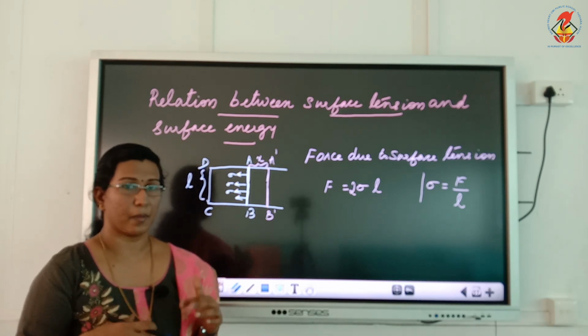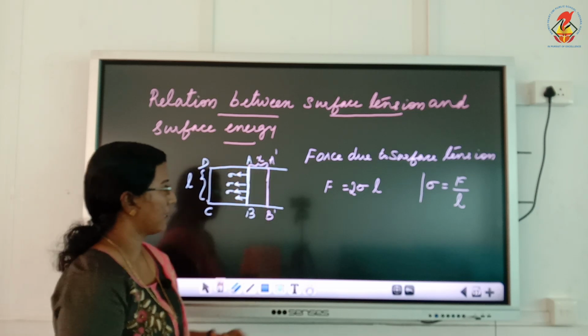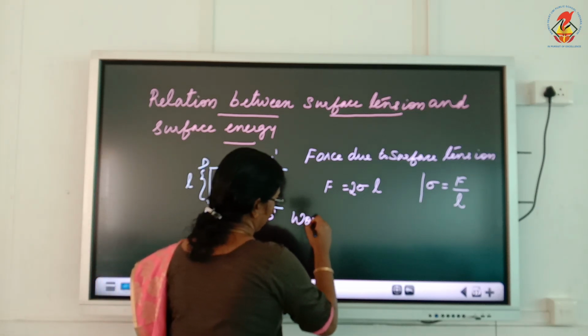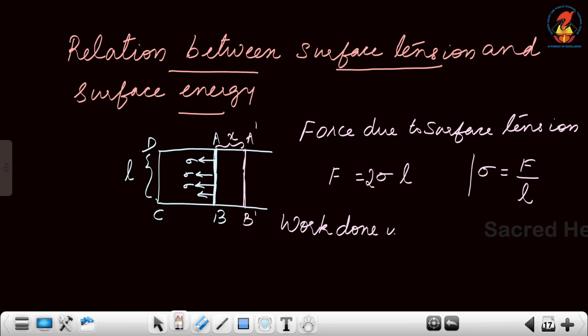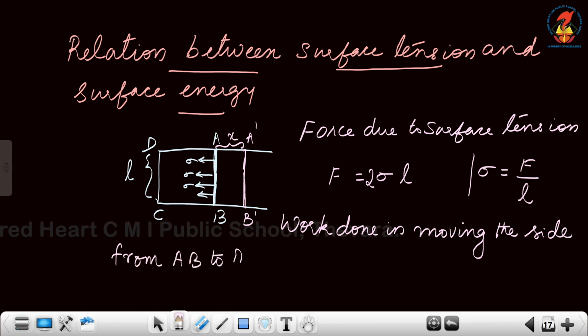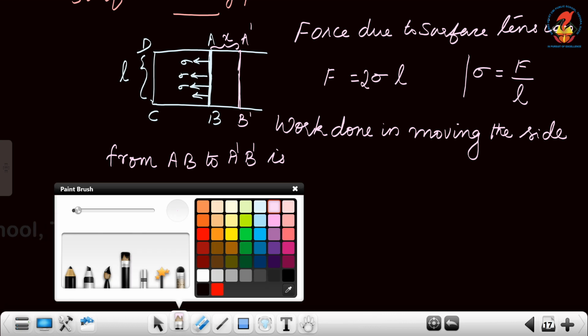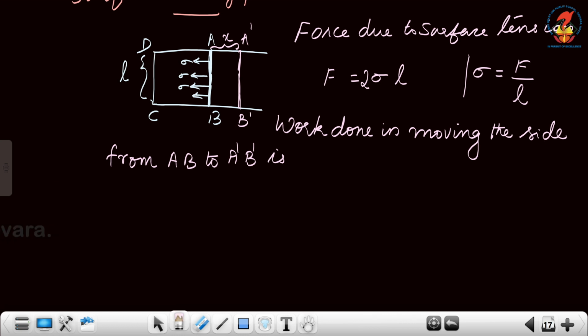Next, what is my aim? I am going to do some work and move the side from AB to A dash B dash, and the amount of work done in moving the side from AB to A dash B dash is, we know work is force into displacement, and the force which I have to apply is equivalent to the force produced by surface tension.